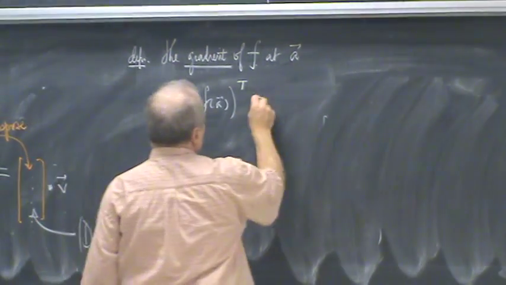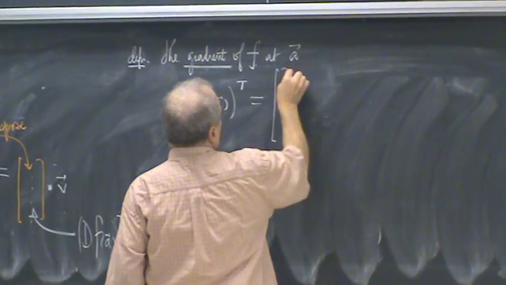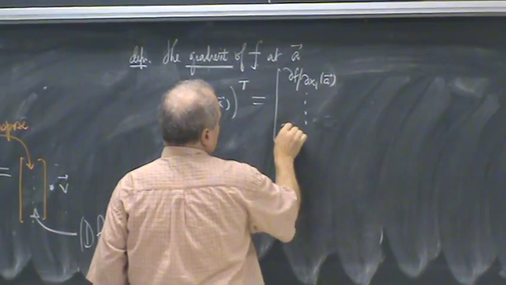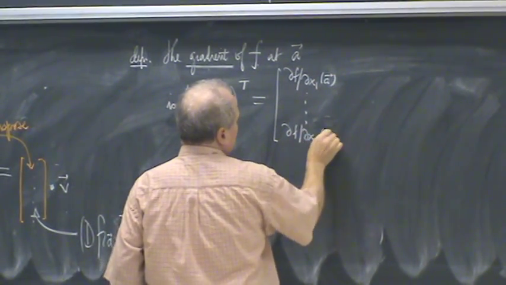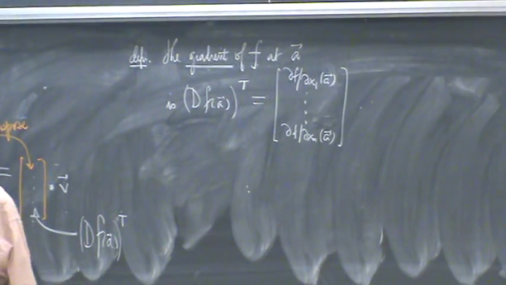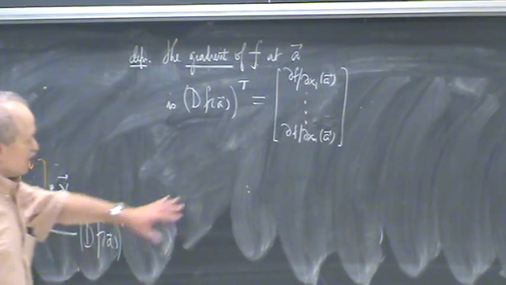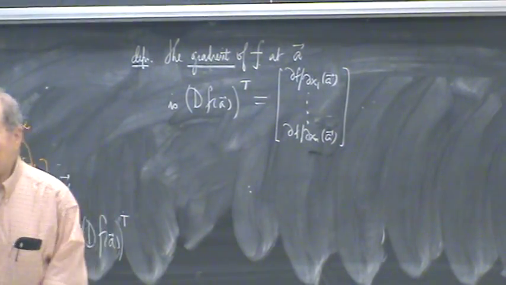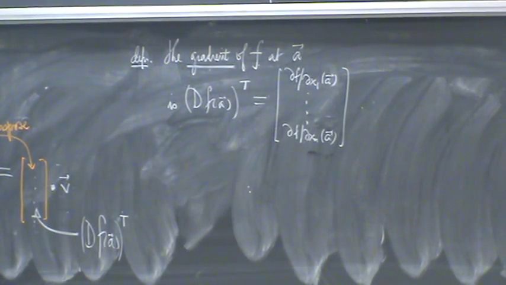So that's the vector whose components are the partial derivatives. And all of you who have seen some semblance of multivariable calculus before have seen this a lot, and have never seen the other stuff we did. Right?